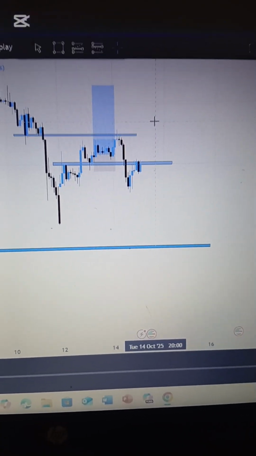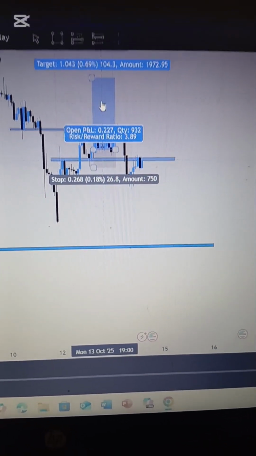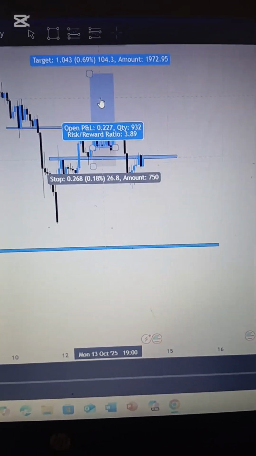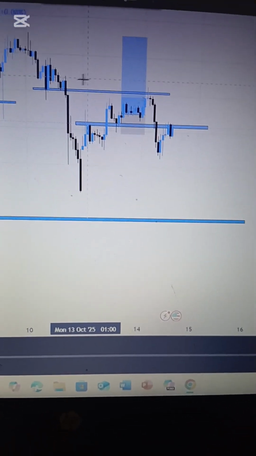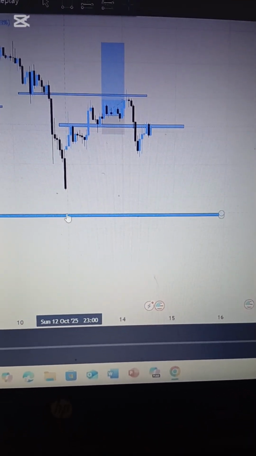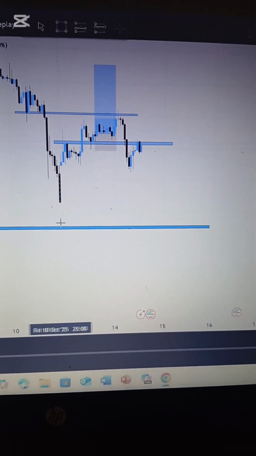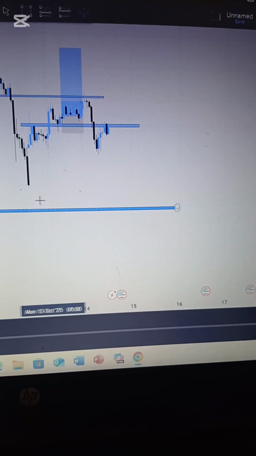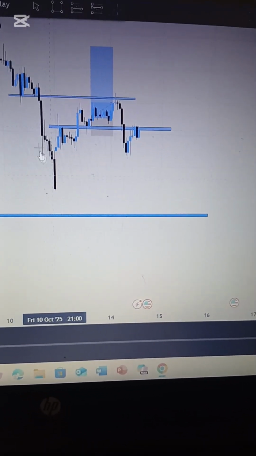This is almost a 1:4 risk reward. What I ignored is that price hasn't yet touched this level to give confirmation or rejection here. I completely forgot about that.